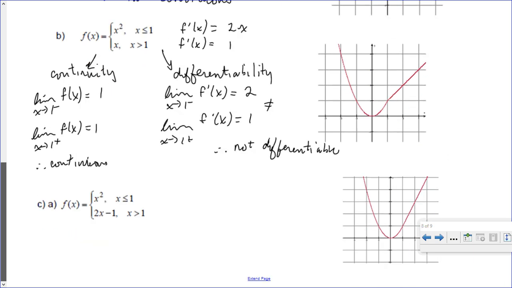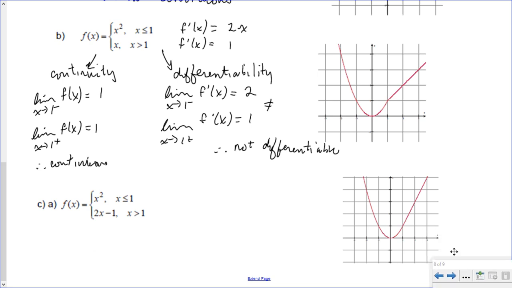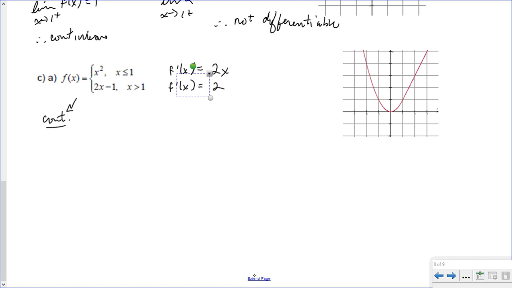And then finally we've got this function. On the graph, it looks like the values might be the same here. So let's find the derivative: that's 2x, and this derivative will also be 2. So for continuity, I'm going to do my limits, using my original functions here.